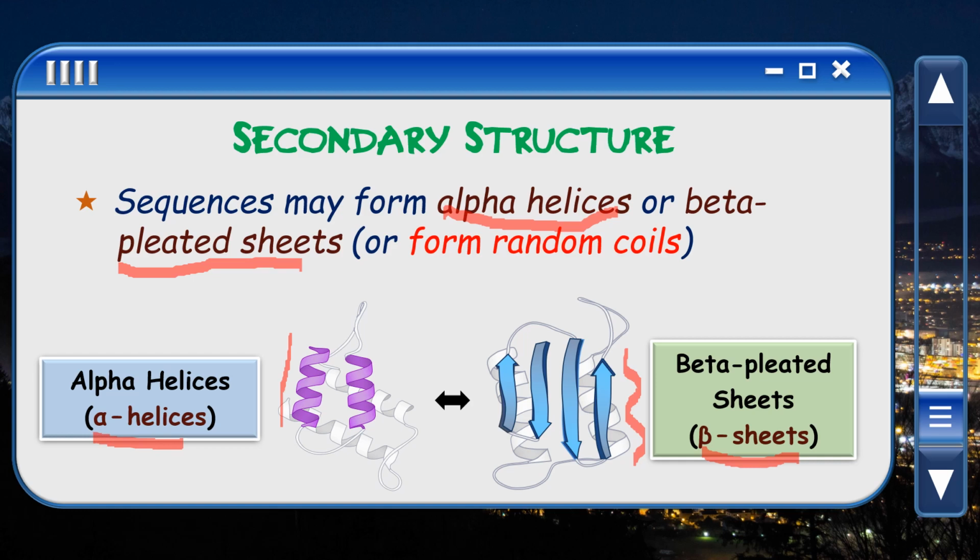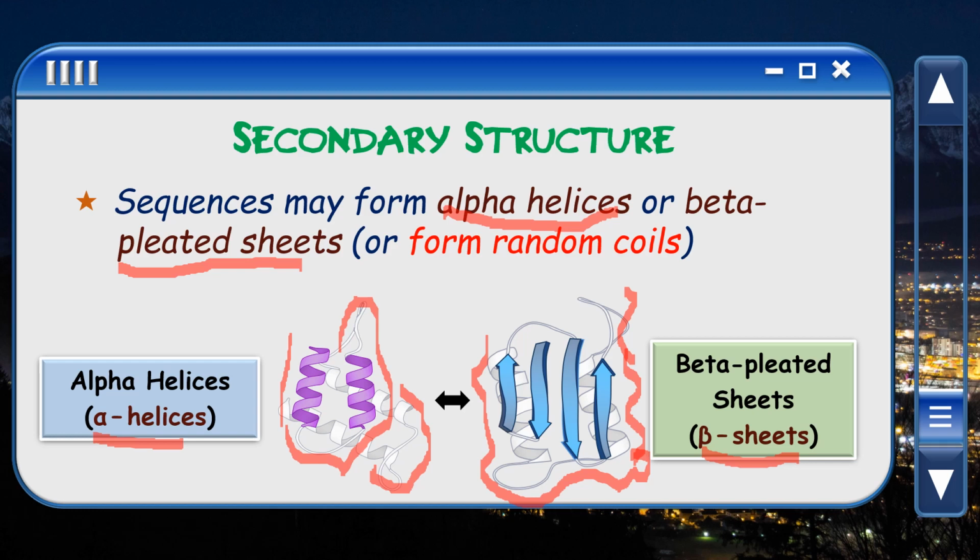So they may form random coils. The coils may be random, like the way you are seeing this one. Coming from here, it comes here, and then forms another coil going up like this, and then it forms another coil, then it comes this side like this. So they may just form a random coil. As you're seeing this one, it comes here like this, then it goes like this, and then it goes up like that.